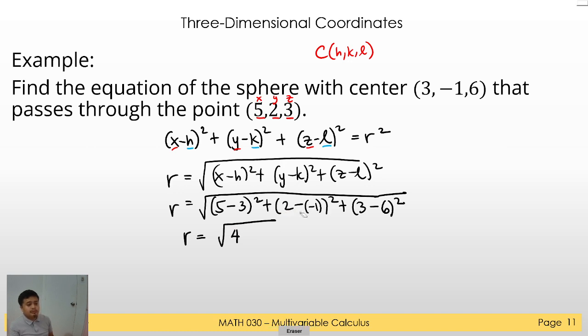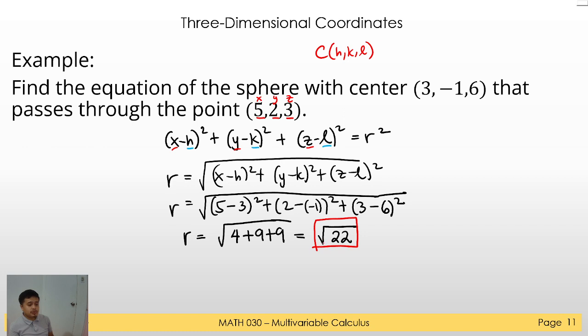And then we have 2 minus -1, so this will become 2 plus 1, so 3, and 3 squared is 9. We have 3 minus 6, so -3, and -3 squared is 9. So we have 4 plus 9, that is 13, plus 9, we have 22. So the answer should be the square root of 22 for the radius.